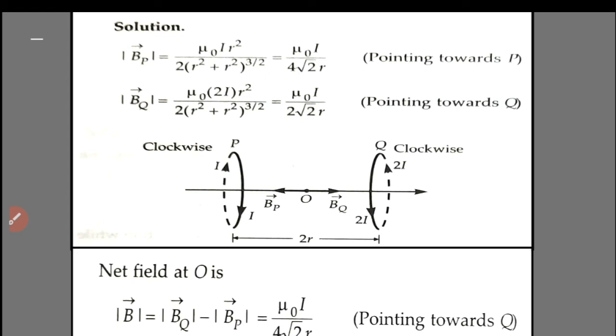You just have to subtract BP from BQ, so you'll get mu 0 I by 4 root 2 R, towards Q.